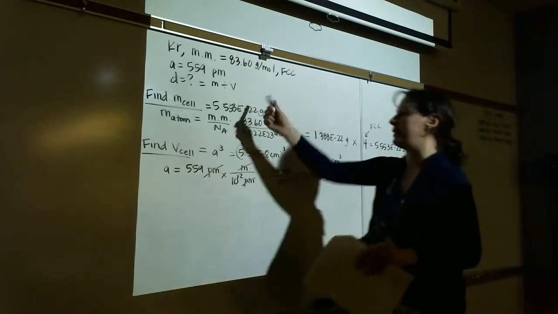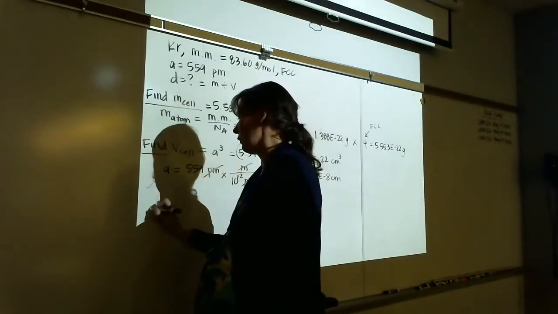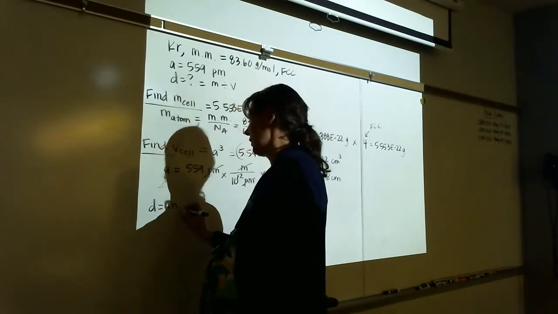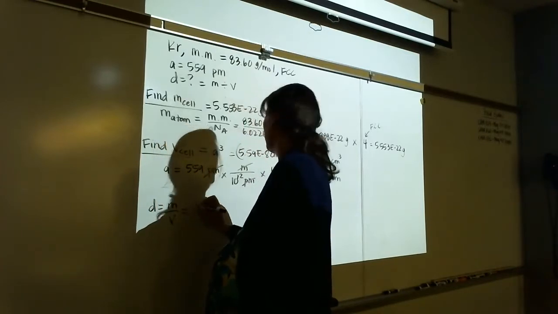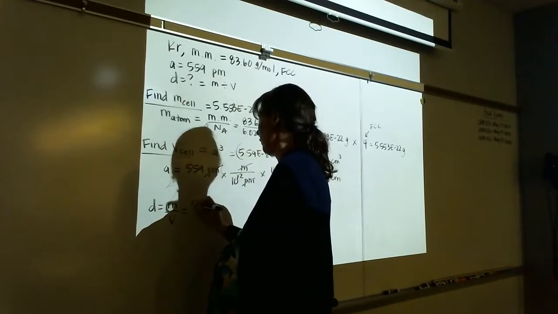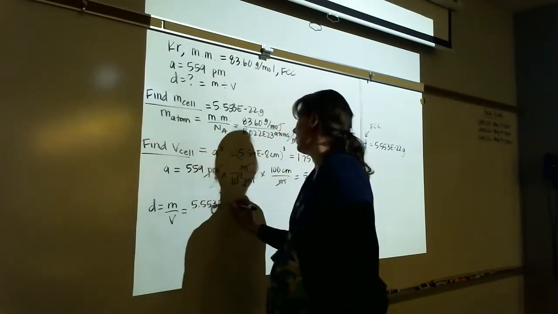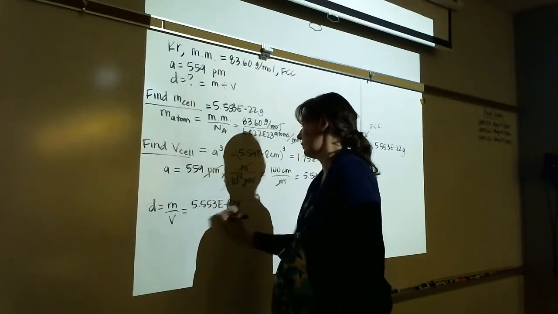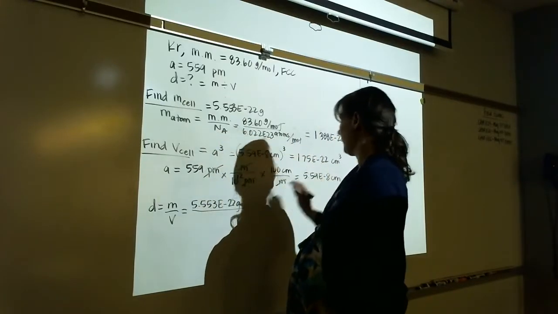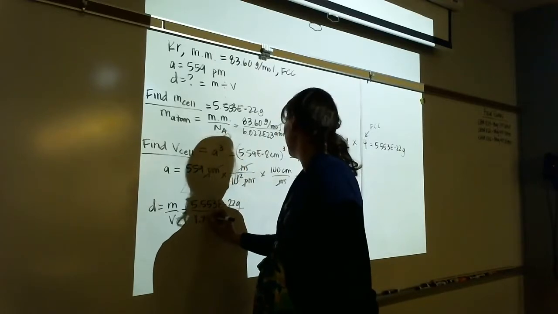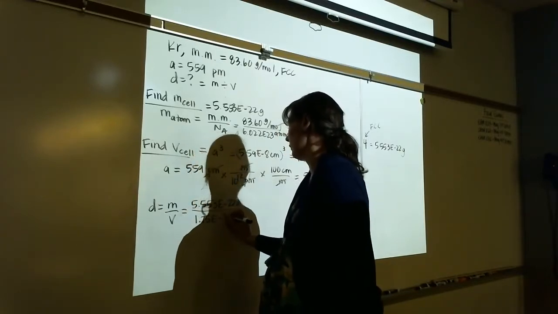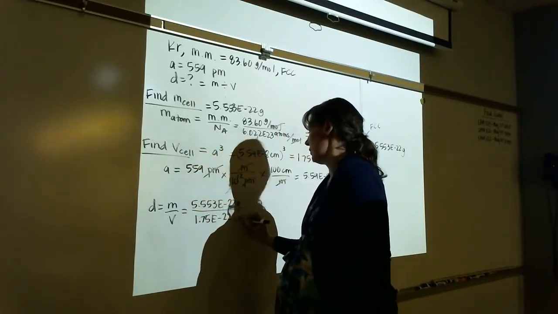And now, density, we've got everything we need. Density is mass over volume. So we take our two answers, 5.553 times 10 to the negative 22nd grams, divided by my volume, 1.75 times 10 to the negative 22nd centimeters cubed.